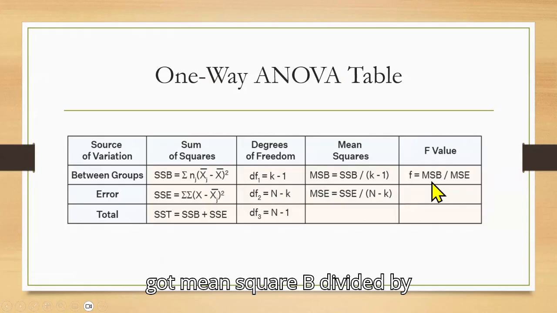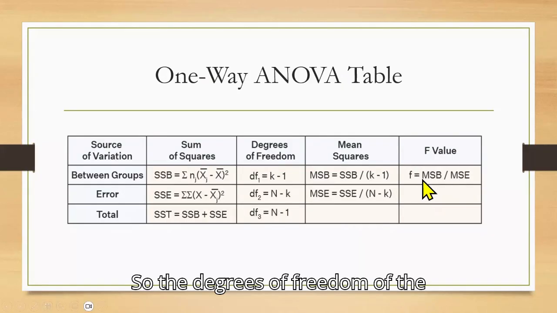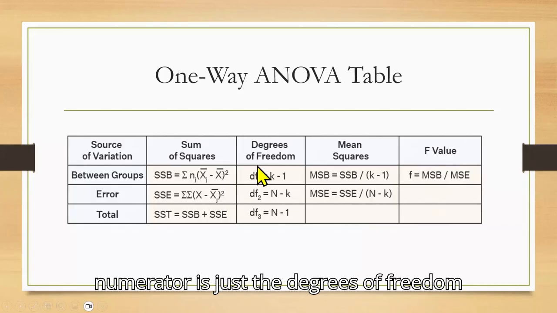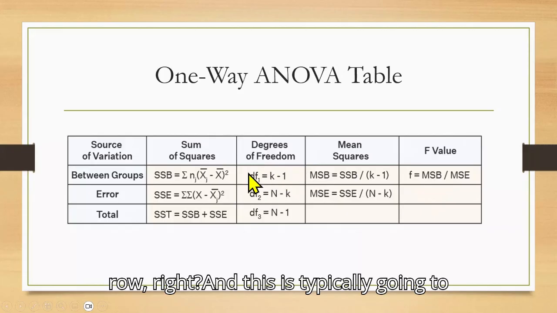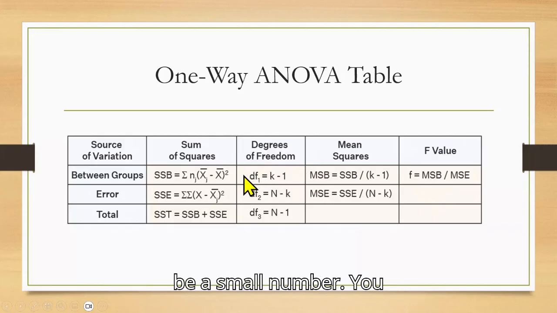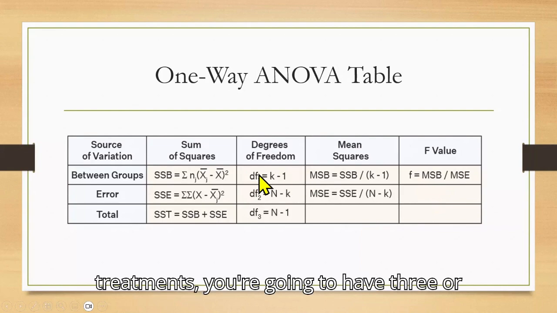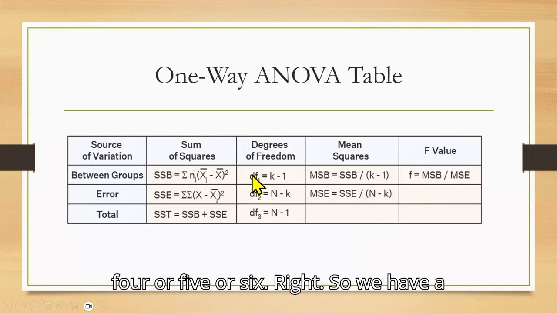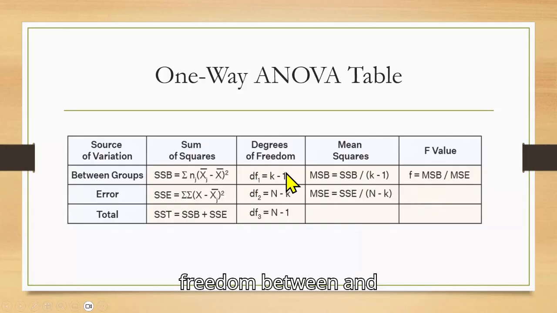It's got mean square B divided by mean square E. So the degrees of freedom of the numerator is just the degrees of freedom that we have here in the between groups row. And this is typically going to be a small number. You aren't going to have 1,000 different treatments. You're going to have 3 or 4 or 5 or 6. So we have a fairly small number for the degrees of freedom between.